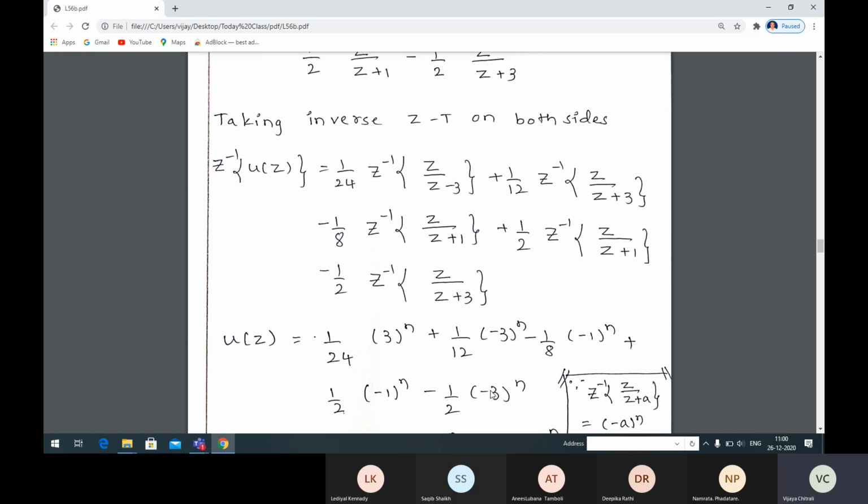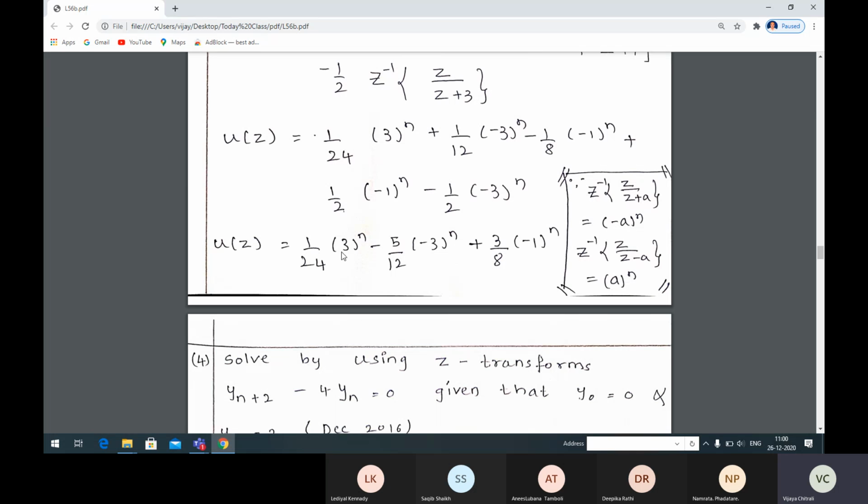In place of a 3, so minus 3 raised to n. So we have 1 upon 24 times 3 raised to n, minus 5 by 12 times minus 3 raised to n, plus 3 by 8 times minus 1 raised to n. Here we have used these two results: Z inverse of z divided by z plus a is equal to minus a raised to n, and Z inverse of z divided by z minus a is a raised to n, right?